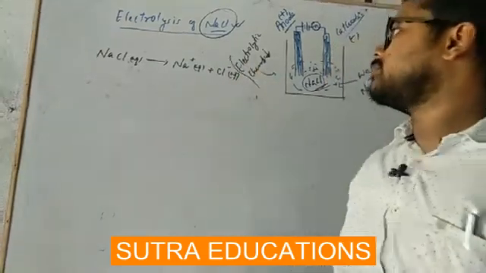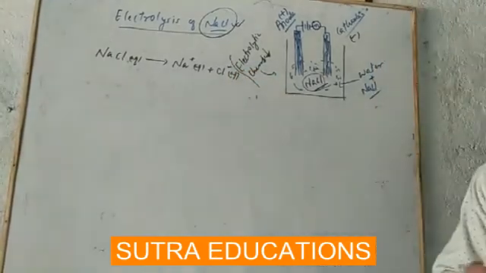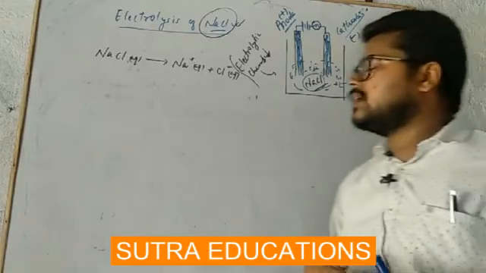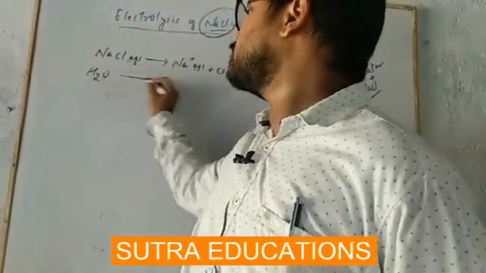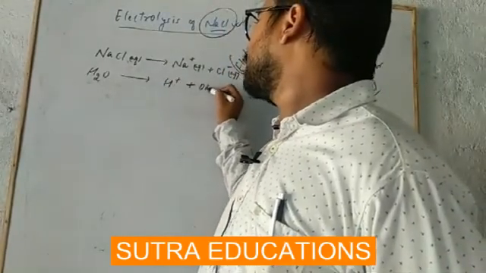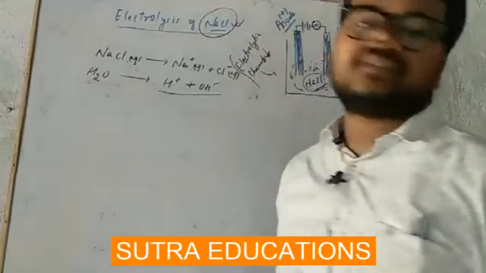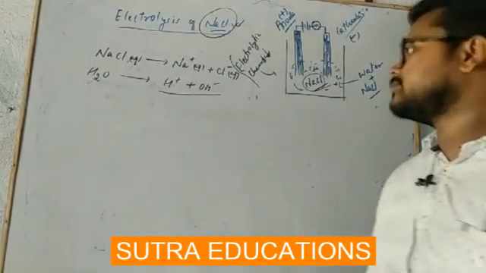Got it? NaCl will be ionized into Na plus and Cl minus. And water, H2O, we have learned, gets ionized into H plus and OH minus. I told you, it is self ionization of water.